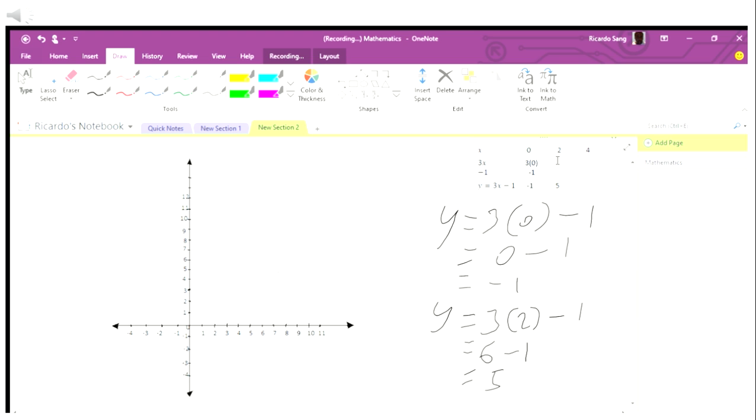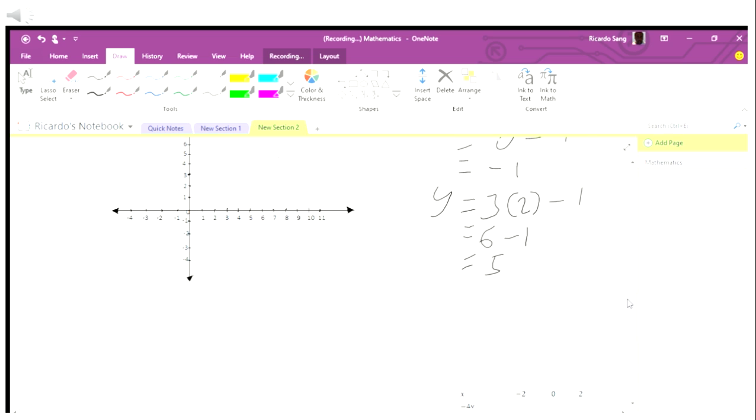Let's plug in the calculation values here. So this is going to be 3 open bracket 2 close bracket minus 1. And the last calculation, let's do that one as well.